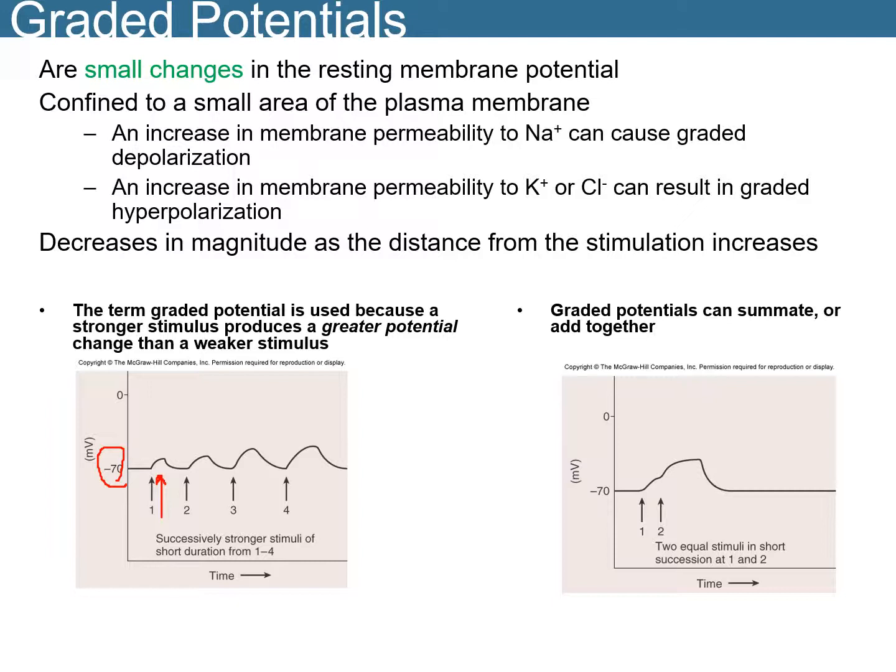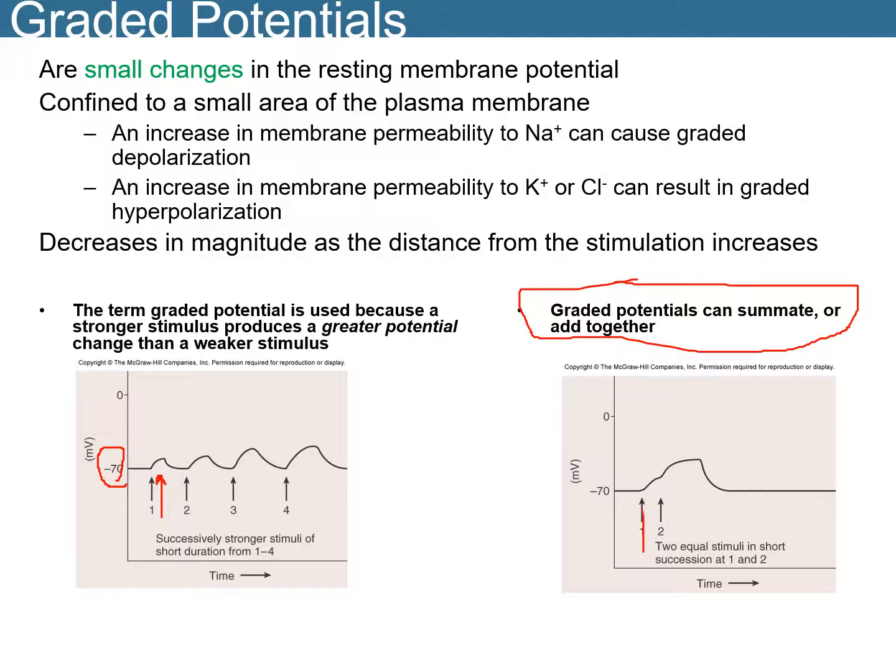Most of the time, this means that there's small activity at the surface of the plasma membrane. So maybe there's only a little sodium that's moving, a little potassium that's moving, but the idea is that all of these sub-threshold events do not lead to action potentials. However, it's important to note, and this is incredibly important, you should write this down, that graded potentials can actually add in summation.